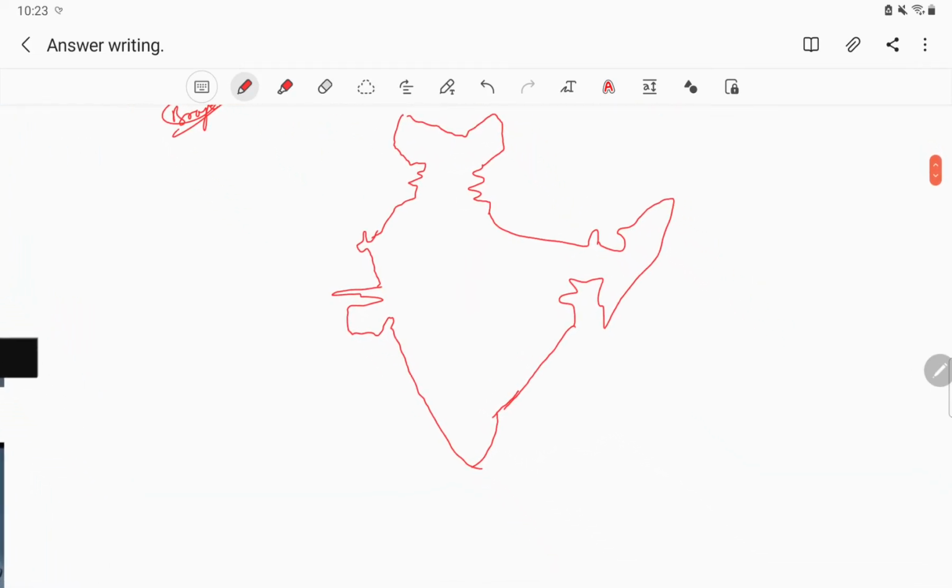This is the reason of very high risk, and the rest of the India comes almost in same category.